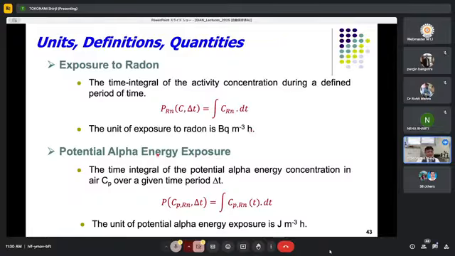Potential alpha energy exposure is the time integral of the potential alpha energy concentration in air Cp over a given time period, delta T. The unit of potential alpha energy exposure is joule per cubic meter hour.